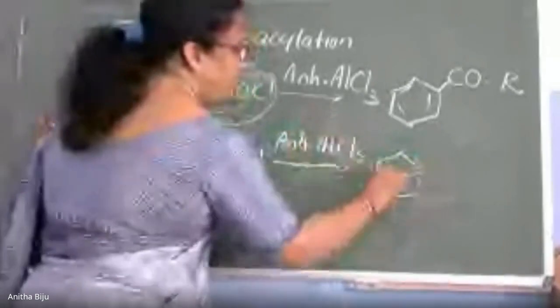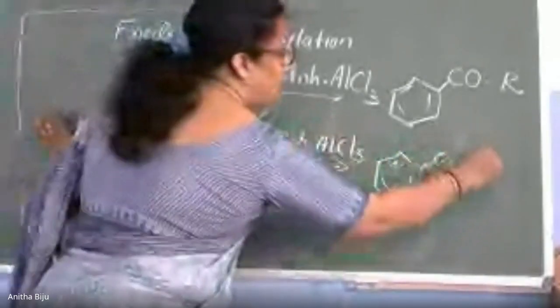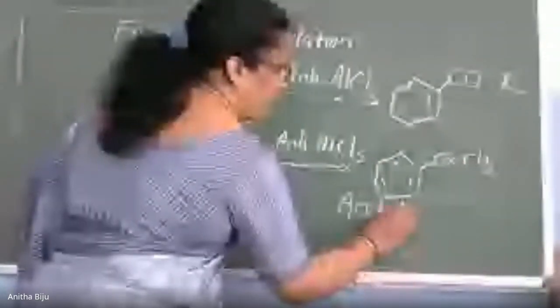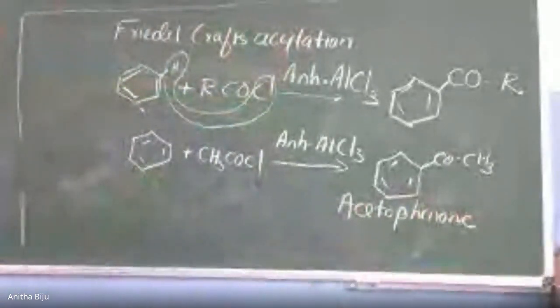We get COCH3, and the name of the compound is acetophenone. Acetophenone. So this is the first method of preparation of ketone.